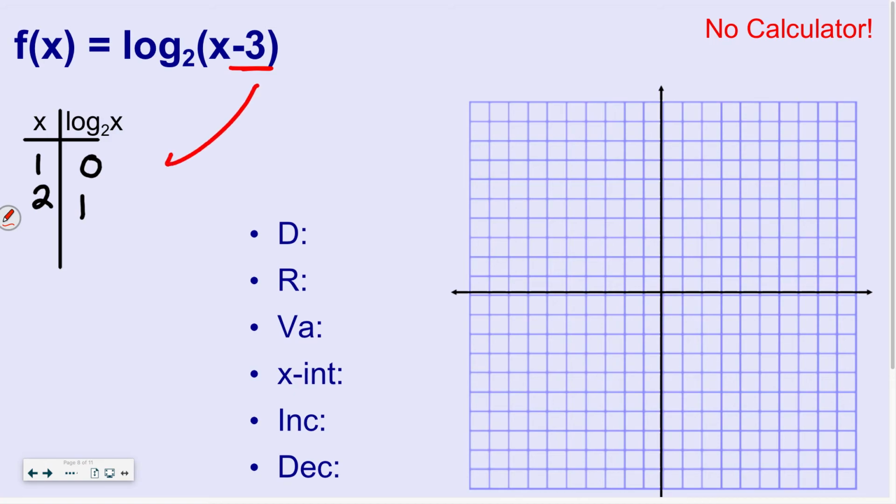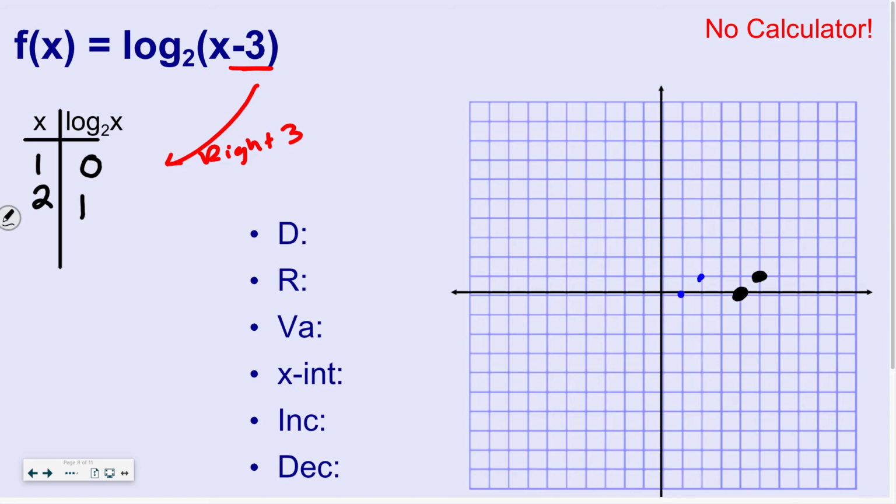Right 3. Okay, so I'm going to move those things right 3. I'll plot those points (1, 0) and (2, 1). And then to make my actual graph, I'm going to move them right 3. So I'll be at (4, 0) and (5, 1).